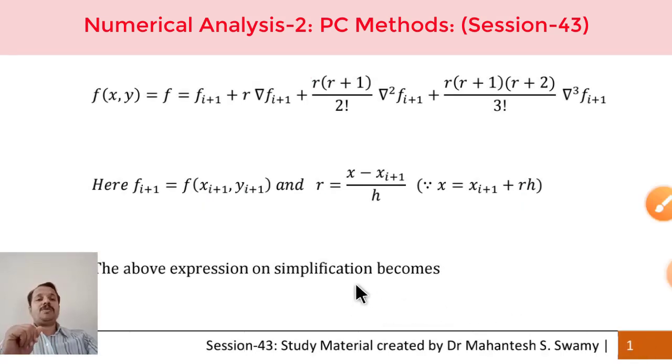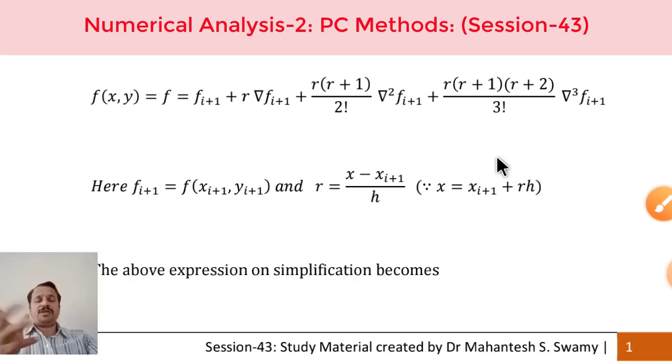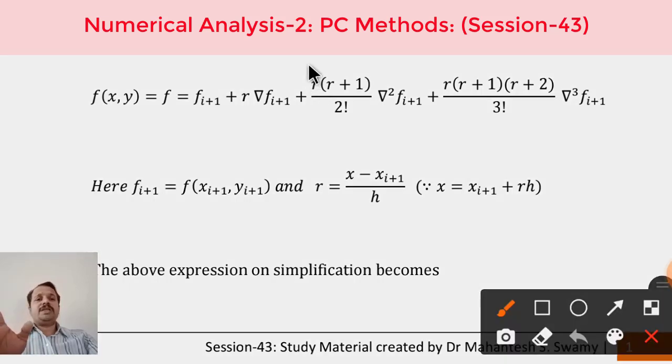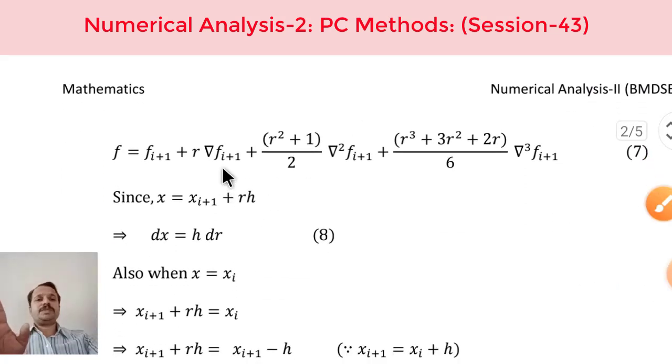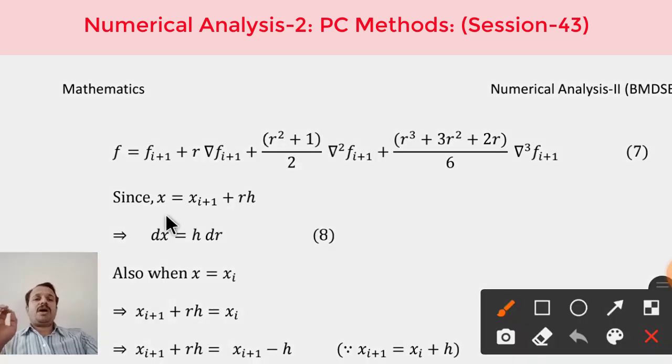Now the above equation we have to simplify. Simplification is nothing but only the brackets are to be multiplied, that's all, nothing else. So after that we have this particular thing, no difference at all. Now after having this expression, we can use this to find what is dx.